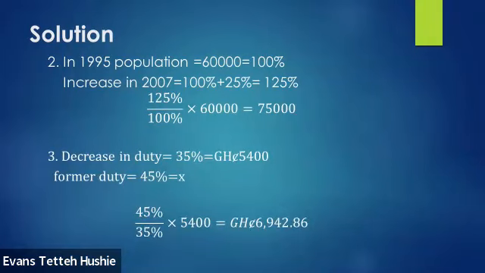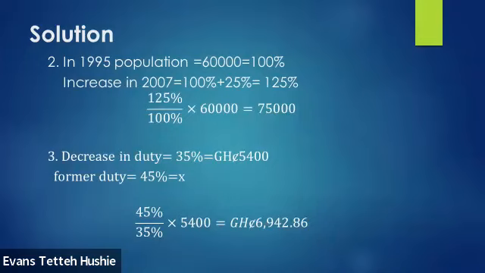Simply give us the previous price. So we know the previous price is 45%. We don't know it, but we know that 35% represents the 5,400, isn't it? So you simply do your cross multiplication and you get your answer.